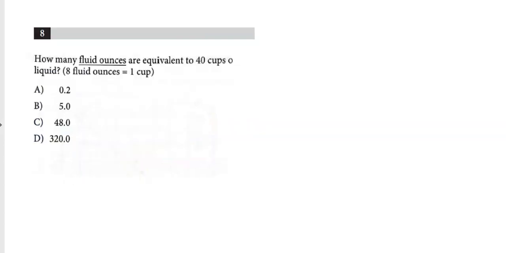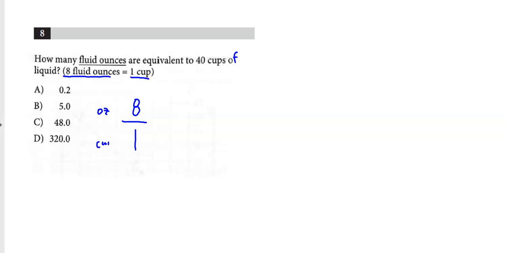Next question. So number 8. So this is another one. This is a conversion problem. How many fluid ounces are equivalent to 40 cups of a liquid? That's what happens when you grab tests off the internet. It's missing stuff. So I use this as a rate. I know that 8 ounces is 1 cup.